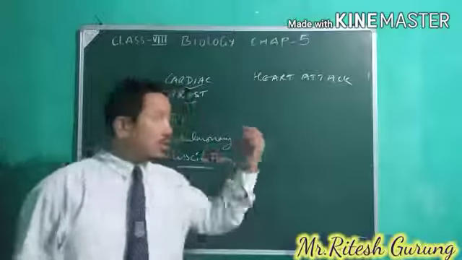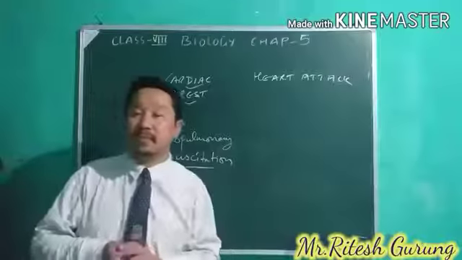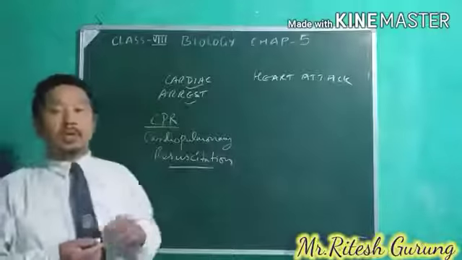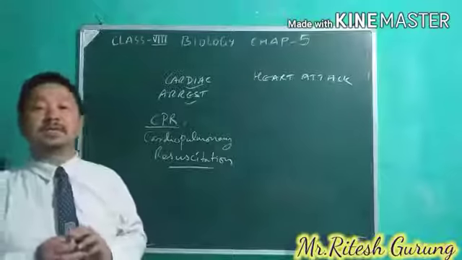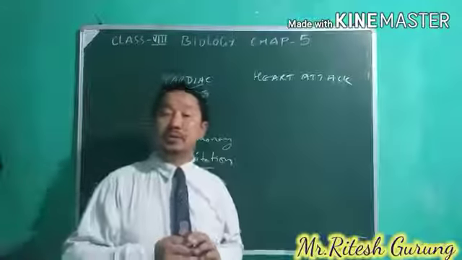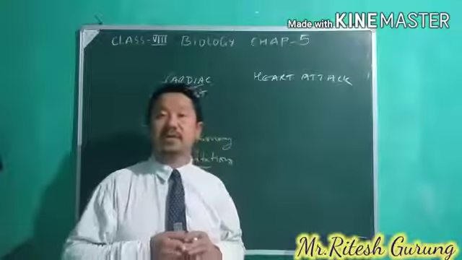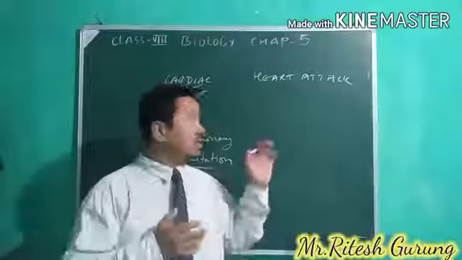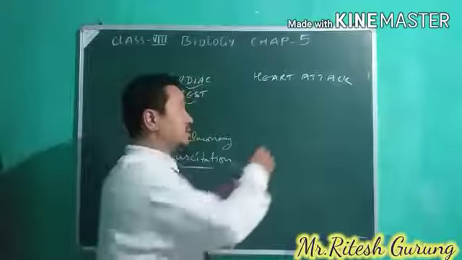Whereas on the other side, as you see, heart attack. What is a heart attack? A heart attack is a problem where we see a sudden interruption of blood supply to part of the heart, especially the cardiac muscle. The heart is made up of a special type of muscle called cardiac muscle.